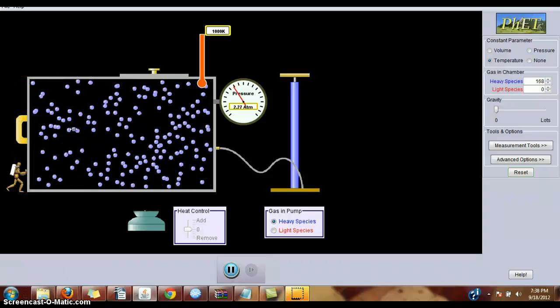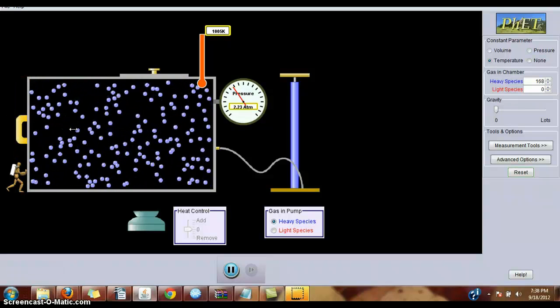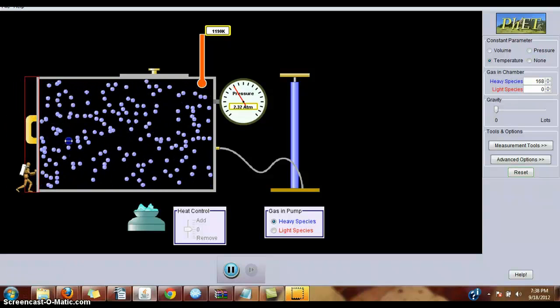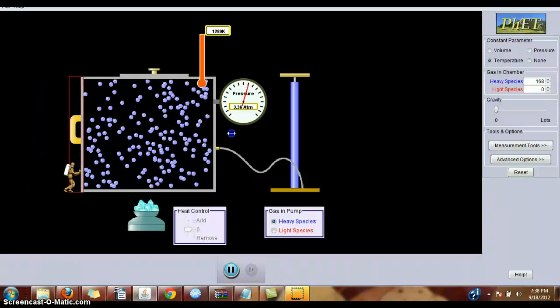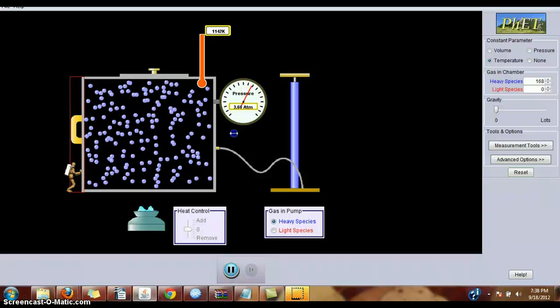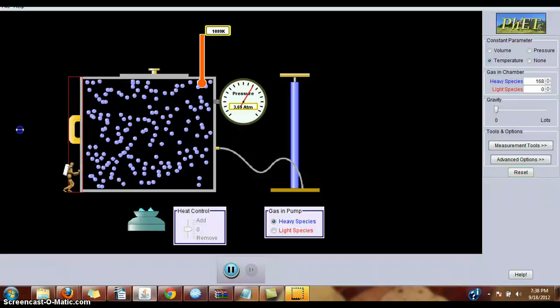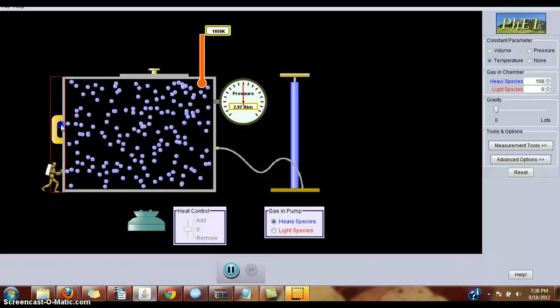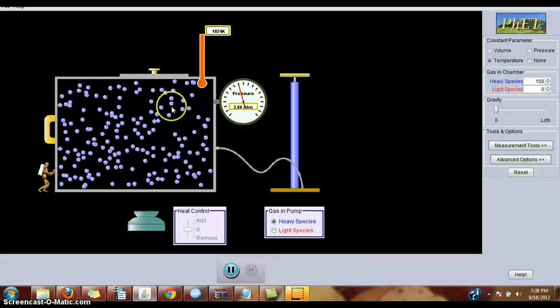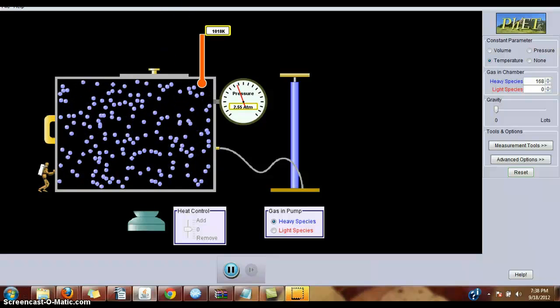If you give the molecules less room to move around, like when you're decreasing the volume, that causes more collisions more often, which increases the pressure, the force per unit area. If you give them more room to move around, they're less likely to collide with themselves and the walls of the container, and so that lowers your pressure.